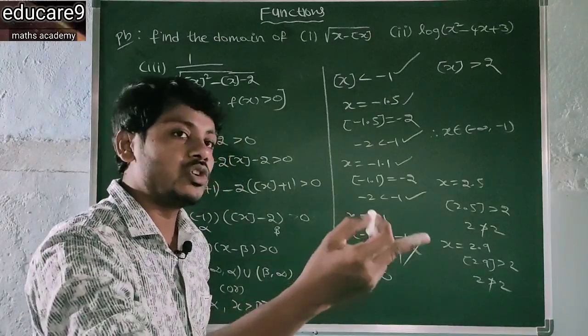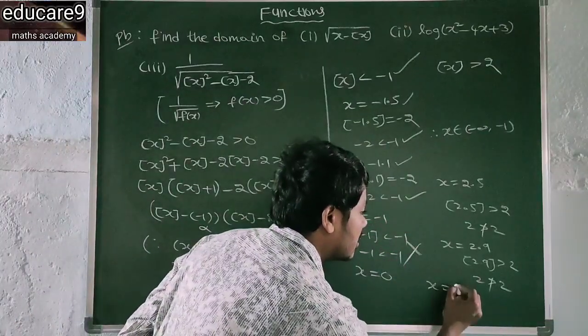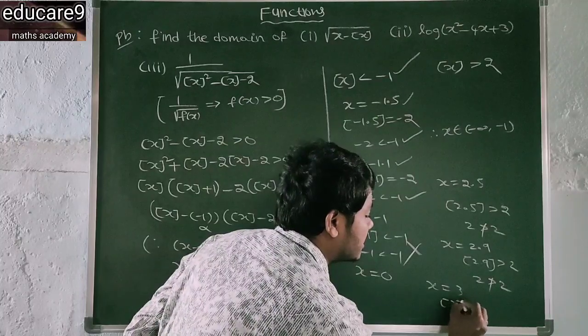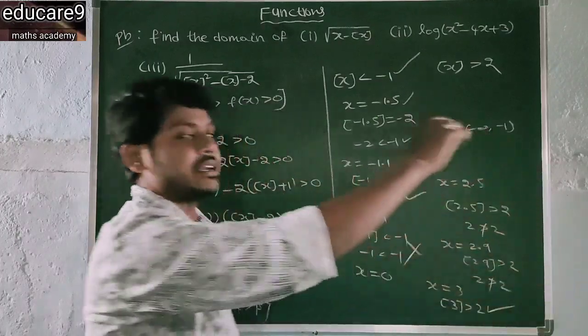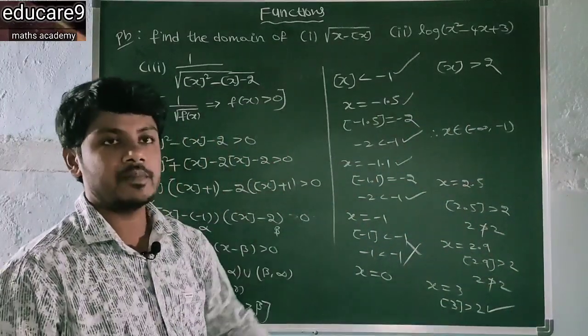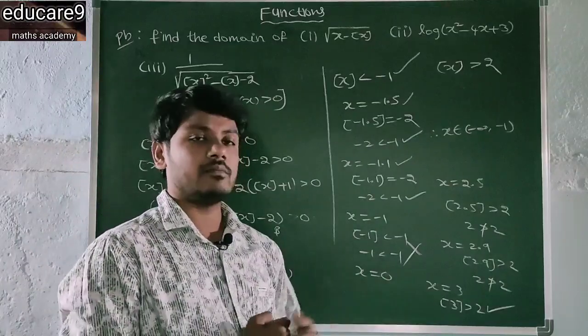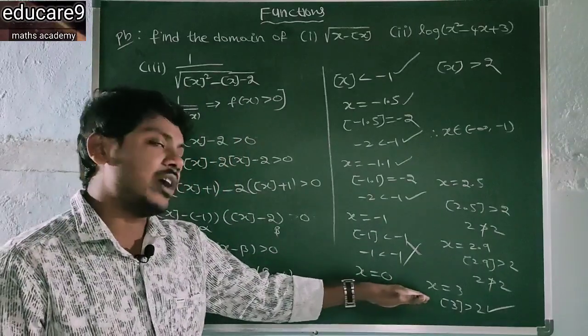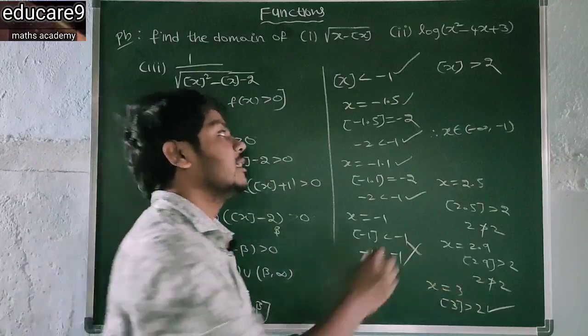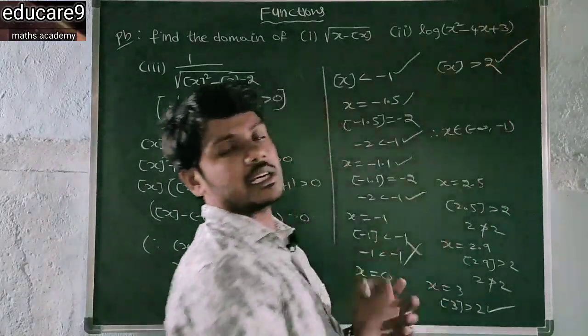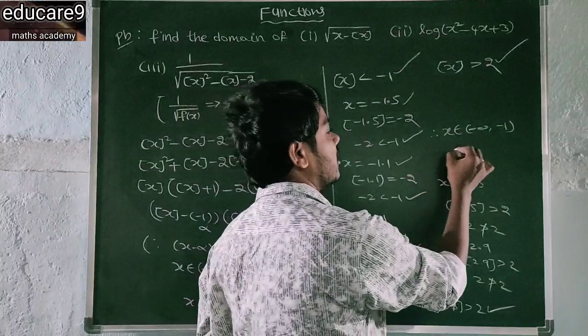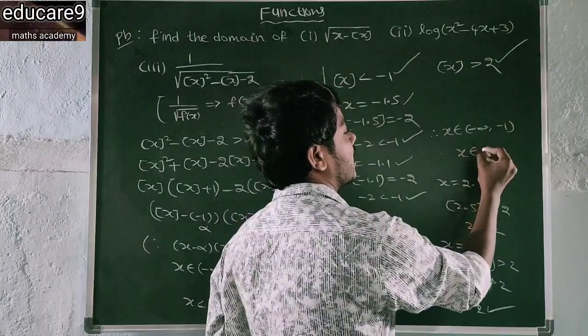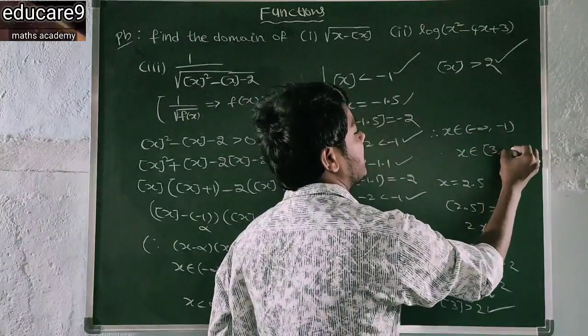If x is equal to 3, so clearly step 3 is greater than 2. This is satisfied. So if x values are greater than or equal to 3, then this condition is satisfied. Therefore, here x belongs to what? Closed interval 3 comma infinity.